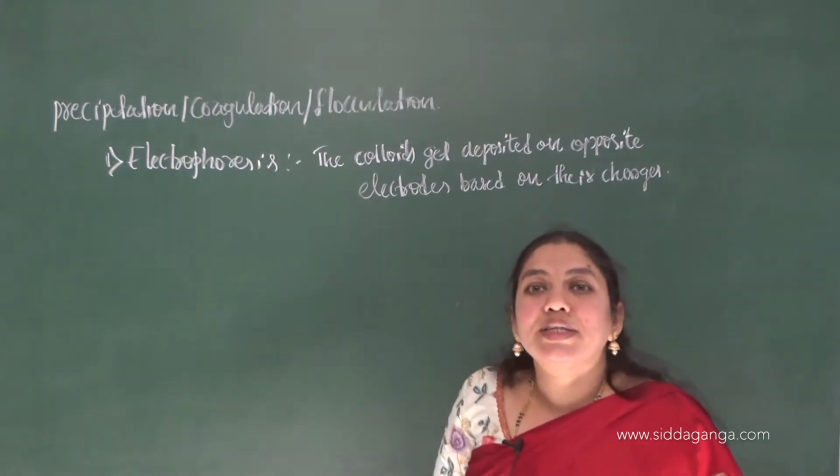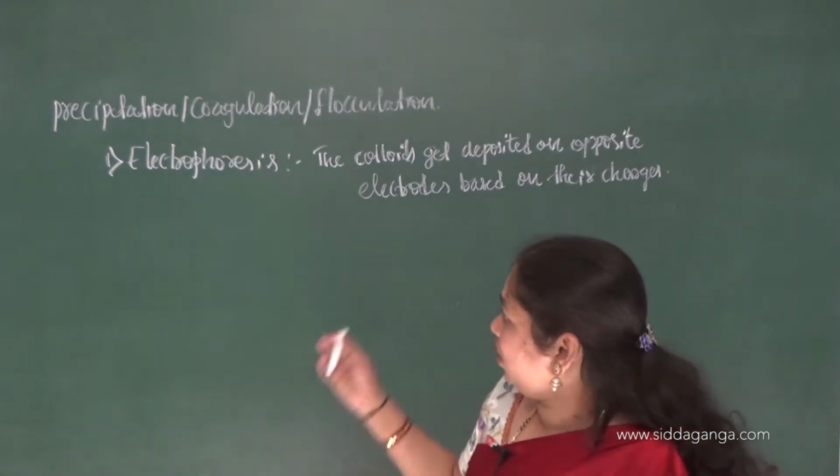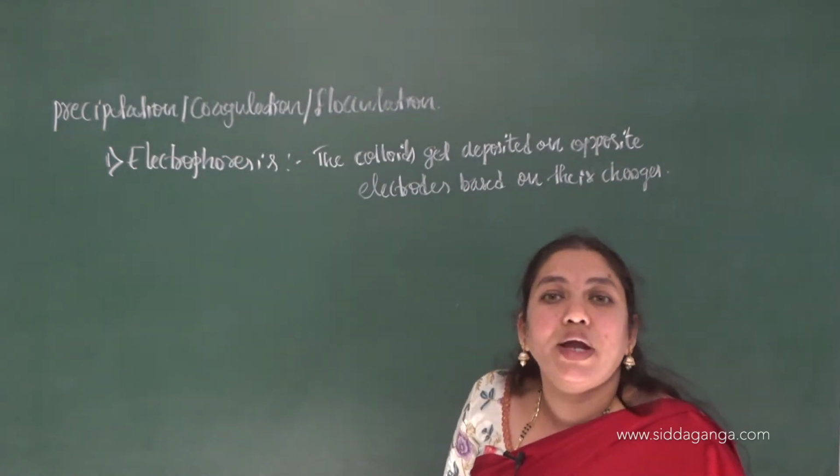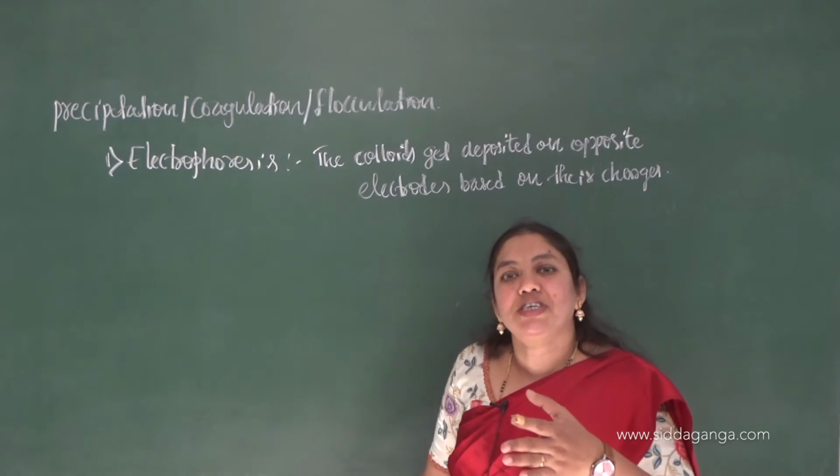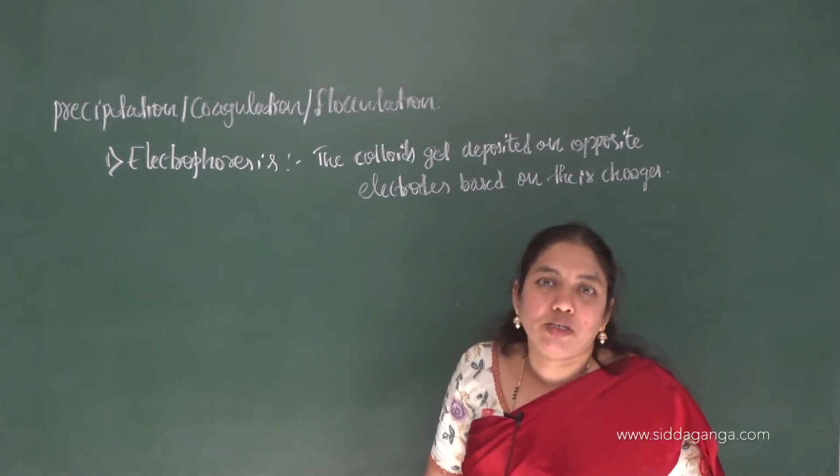Coagulation, or you can say the precipitation. It is one way to remove the charge of the colloidal particles, right? So they will get discharged or they will get deposited at the opposite electrodes, right?